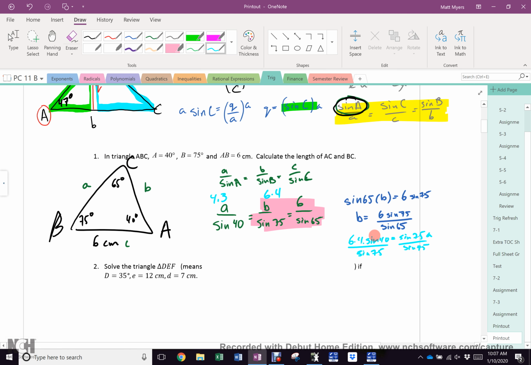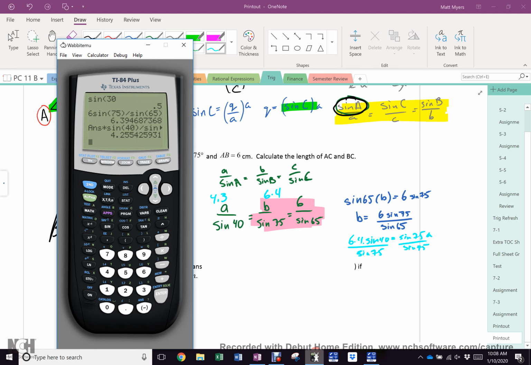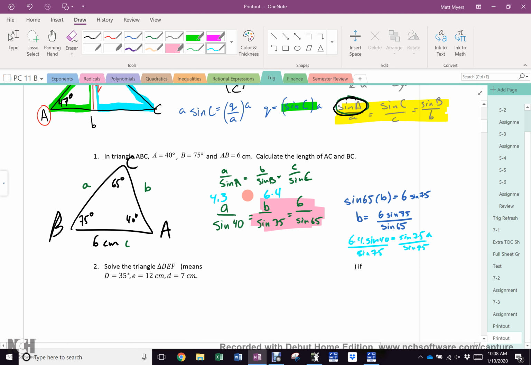Yes, McKenna? How come for the work you did in the darker blue, it's 6 sine 75 divided by sine 65, but in the other blue, it's divided by sine 75? Because I'm isolating this way now. Like you're dividing it by the same thing to isolate it, but on the other one you're not doing that. The first one in pink, we had to isolate b.